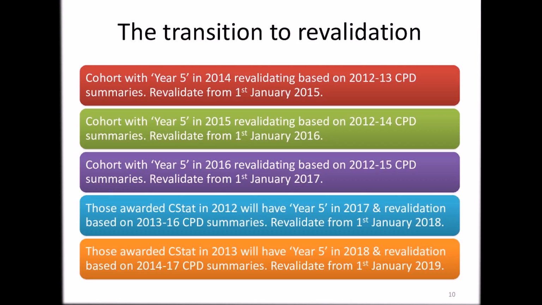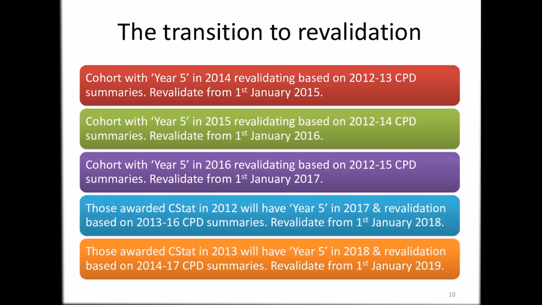Those awarded their CStat during 2012 had 2012 as their year zero, an opportunity to make sure that they were aware of what was needed to comply with the Code of Conduct and the CPD policy, and so started their cycle in 2013, undertaking the 5 year revalidation process in 2017, and so they're represented by the fourth panel on this slide.